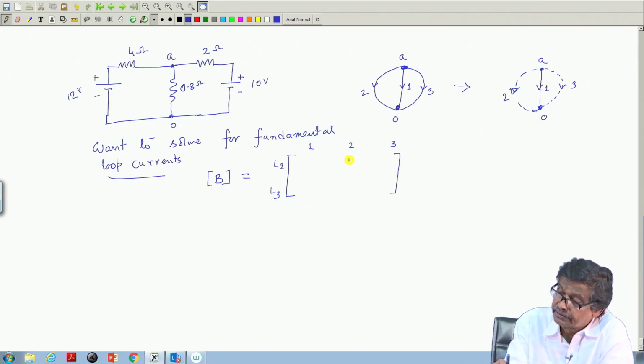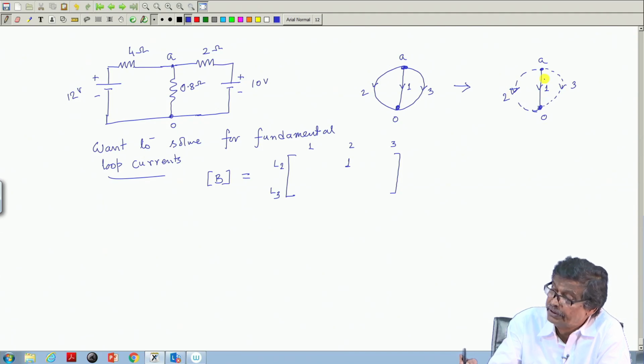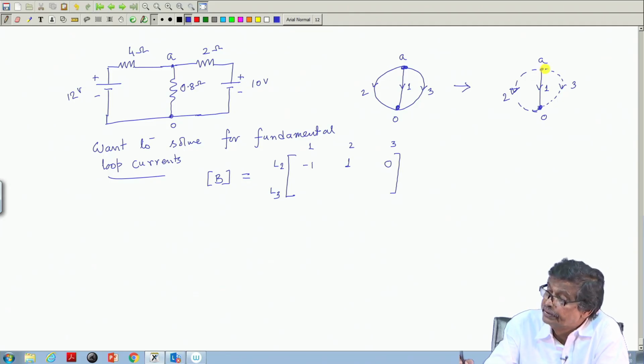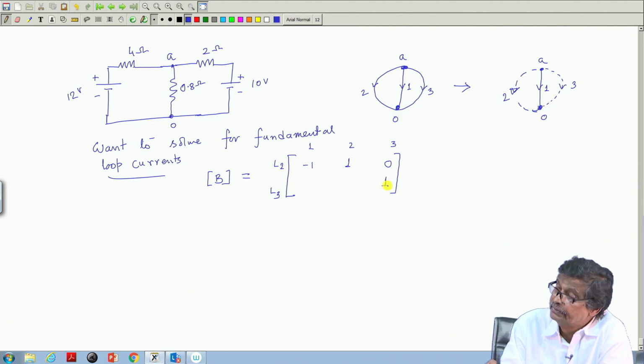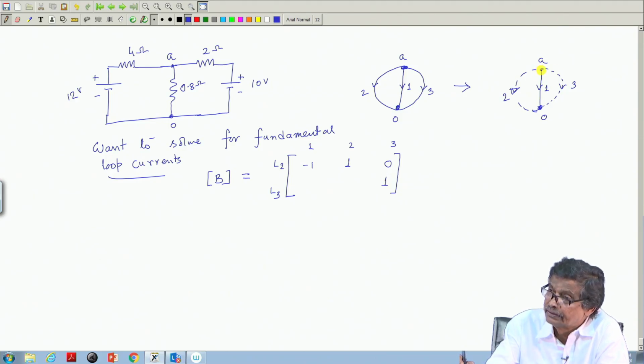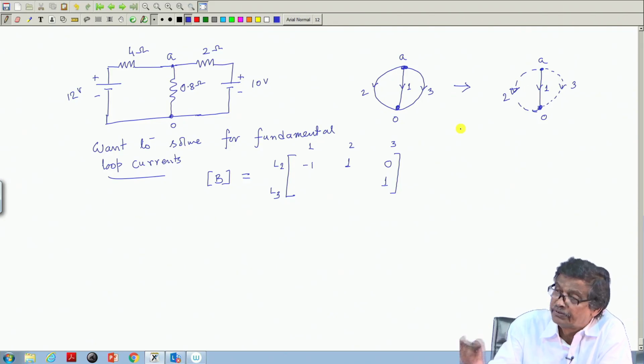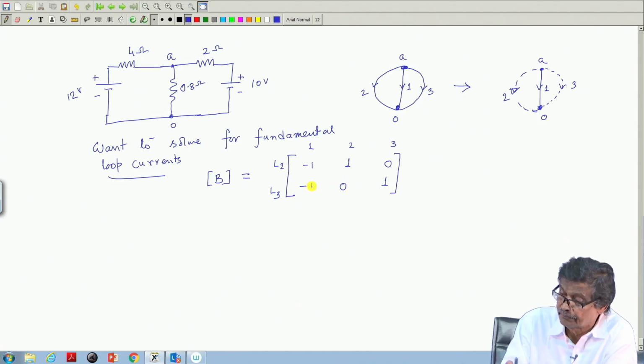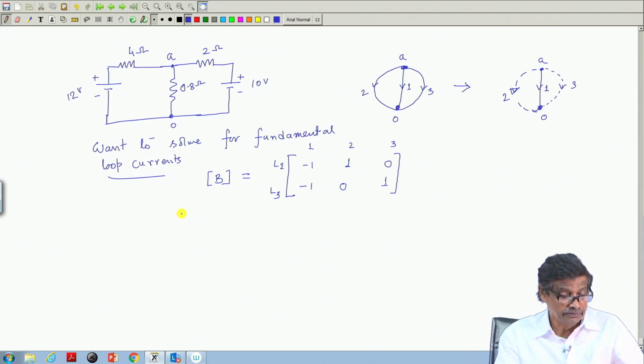So, for 2 it is plus, then only 1 will be there, that will be minus, and this will be 0, that is it. For loop 3, when only this link is present, this is the plus sign. So, plus 1, then once again this 1. There will be only one link present in the loop. So, 3 and 1 form that fundamental loop. So, 1, this will be 0 and this will be minus 1. This is the B matrix formation.